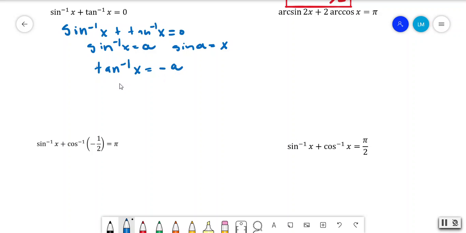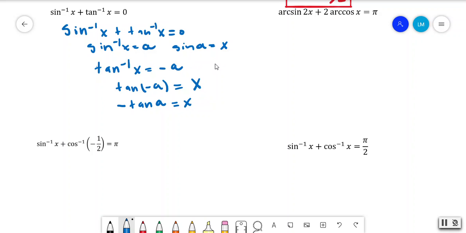So this tells us that tangent of negative a equals x. Based on our knowledge, that would be negative tangent of a equals x.